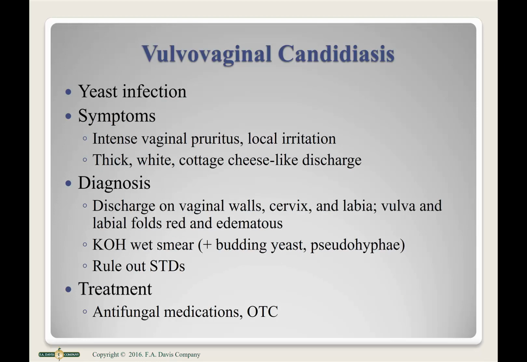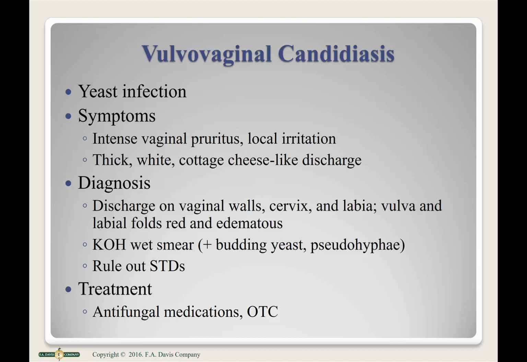Okay, yeast infections, candidiasis. Okay, symptoms are extreme, intense vaginal and vulva itching, local irritation, red, and you can just tell someone has been scratching the skin off of their vulva. It's really bad. They can have a thick, white, cottage cheesy-like discharge. Okay, we can diagnose this.